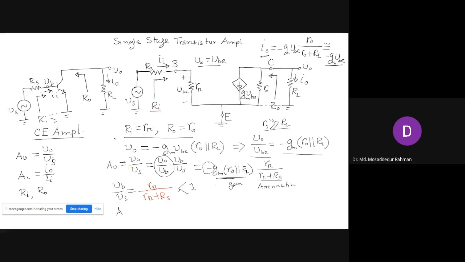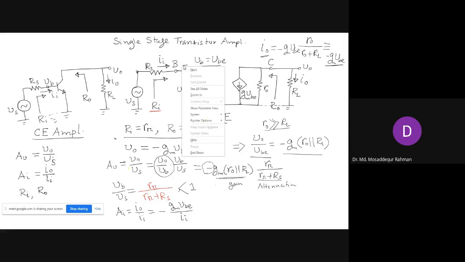The current gain is I naught by II, and I naught we have it minus GM, so we write minus GM VD divided by II. And II is the input current that is flowing into the base, right?